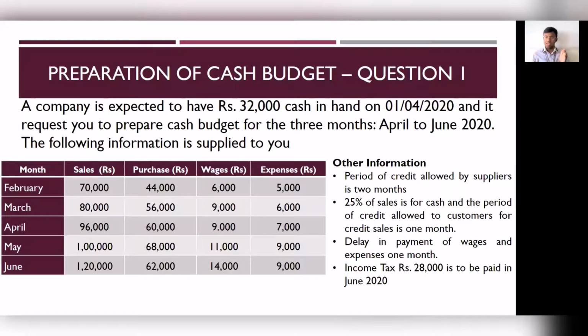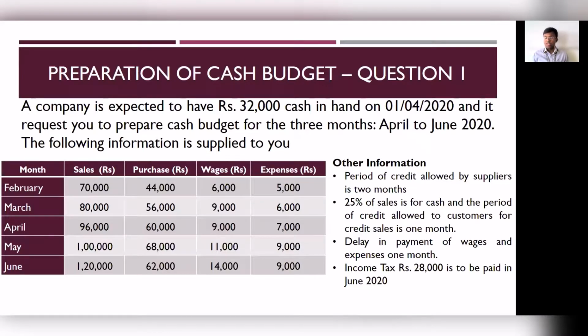So here's the deal. If you carry out a purchase in Jan's purchases amount, you would be settling it after 2 months. So that would be February, March. March is when you would be settling the payment.